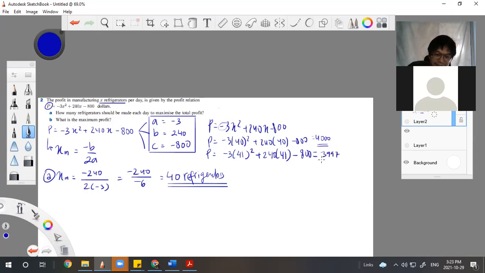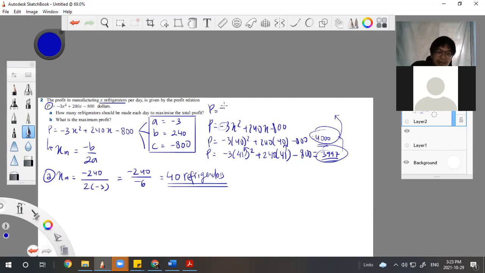So it's not the maximum, right? This is the maximum. And if you decrease, how about P equals 39? So the less the product, the more the profit. Because if I decrease the product, I assume I will be increasing the profit. Let's try.